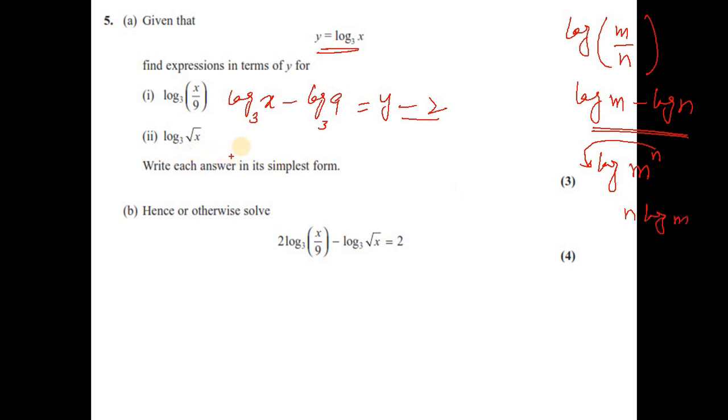So you can apply this rule, and this root x is basically x to the power half, and this half can come before the log. So half of log base 3 of x, and log base 3 of x is y, so this is half of y, or y by 2.